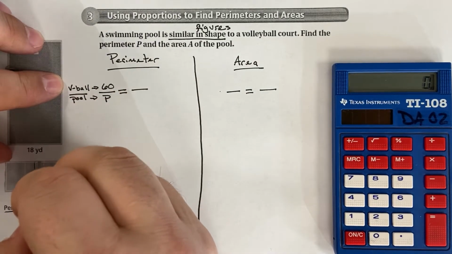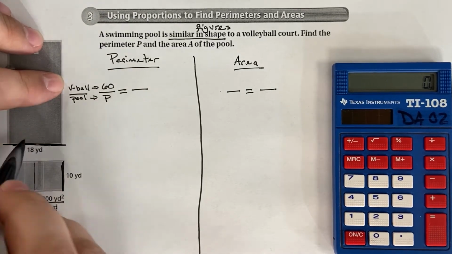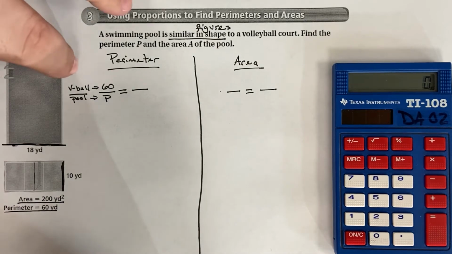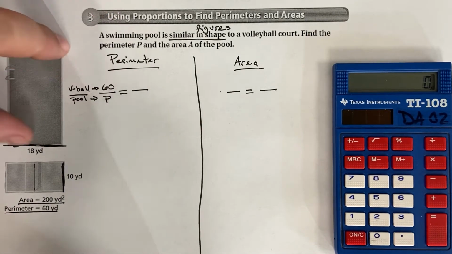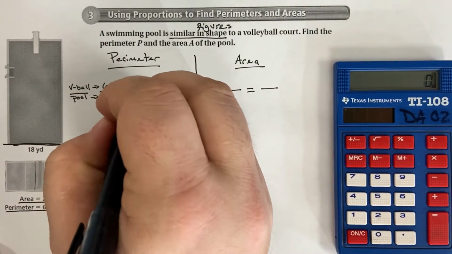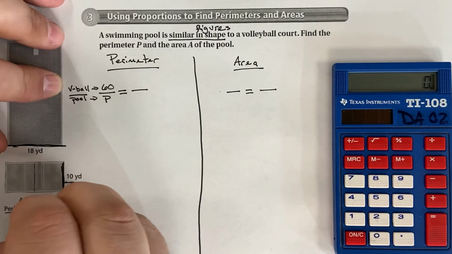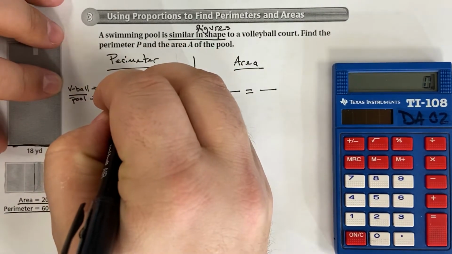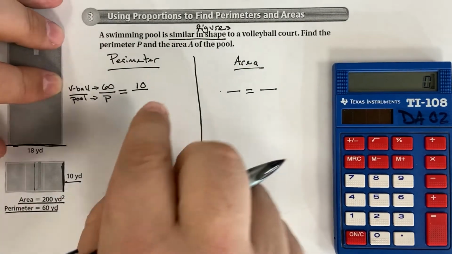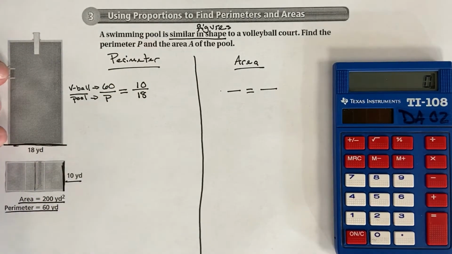I have the short side here and the short side here, so I can use that because if I change the orientation, they would be the same side. They're both the short side of the objects we have. I started with volleyball up top, so I've got to use the volleyball up top in the other ratio, and 18 is the other side I have to use.